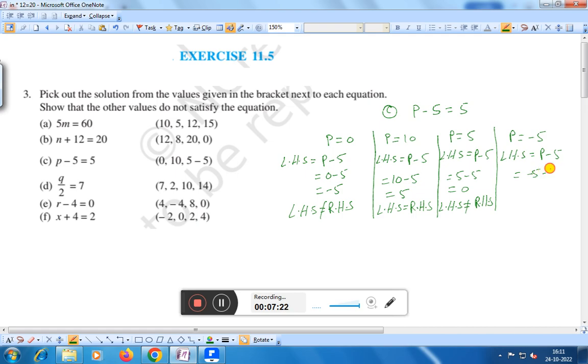The value of P is minus 5, minus 5 minus 5, that is minus 10. That means the left hand side is not equal to right hand side. Therefore, what is the solution? Therefore, P is equal to 10 is the solution of the equation.